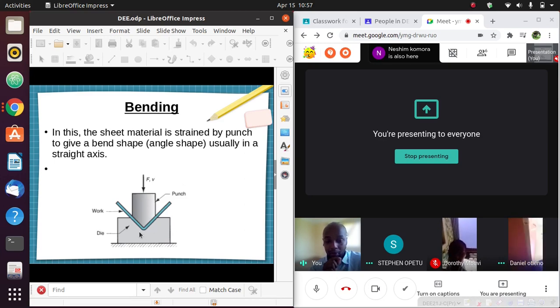Now the force that will be applied on the die during the bending process will depend on this angle. If my angle is bigger, like an angle of 60, I will use less force as compared to trying to bend a piece of metal 20 degrees. I will use less force to bend a metal at maybe 80 degrees as compared to when I'm bending it at 10 degrees.